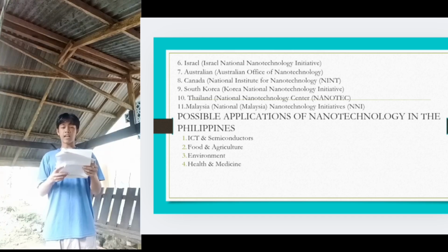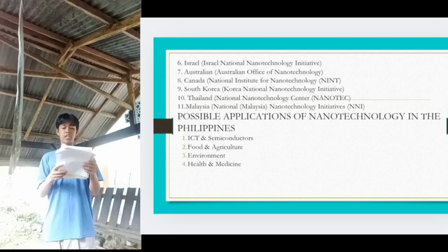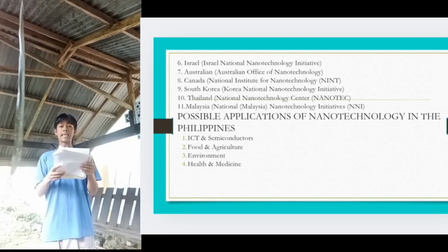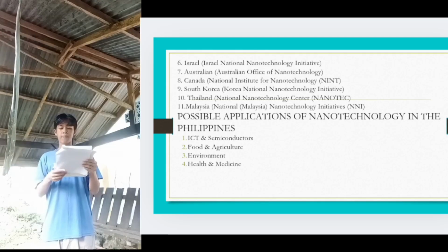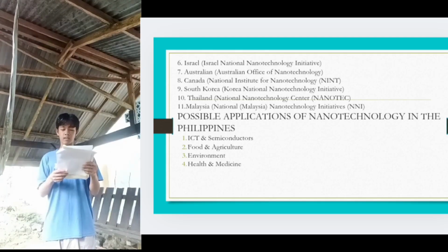Next is Israel. Israel supports nanotech research for energy, defense, and materials science. Example, making nanocoatings that protect machines from heat and rust. The seventh one is Australia.